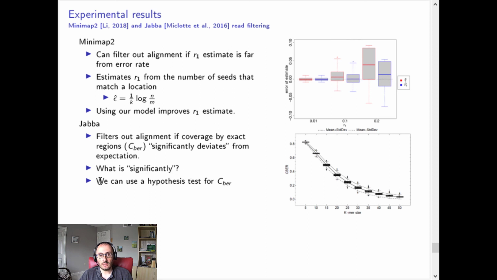And using our paper, we can define a theoretical hypothesis test for CBER. Like in this plot, you see the two lines above and below are giving the 95% confidence interval, and we can filter out alignments that fall outside of that.